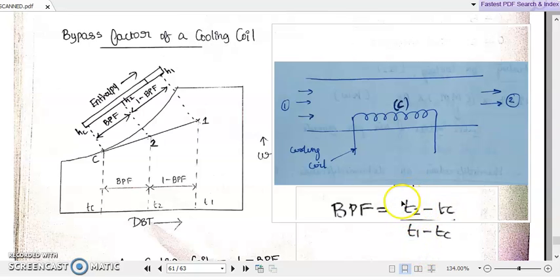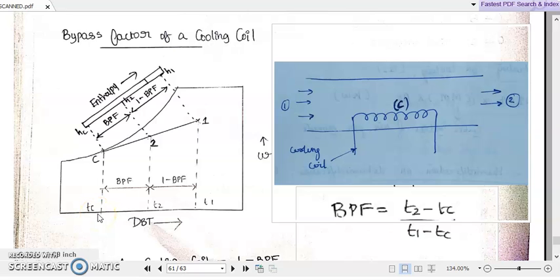So T2 minus TC represents those air molecules which bypass the cooling coil, and T1 minus TC represents the ideal temperature drop for which the cooling coil was set up in the path of this moist air. So in terms of temperatures, the bypass factor is T2 minus TC by T1 minus TC. What is this percentage compared to the total temperature change, T1 minus TC? T1 is here, T2 is here, TC is here.